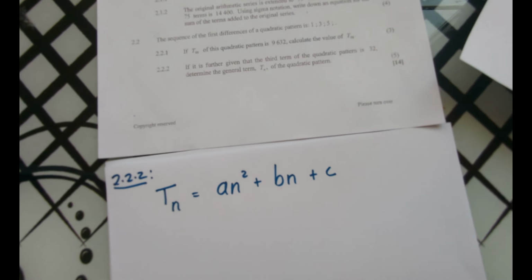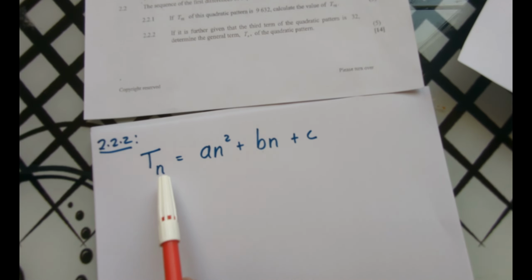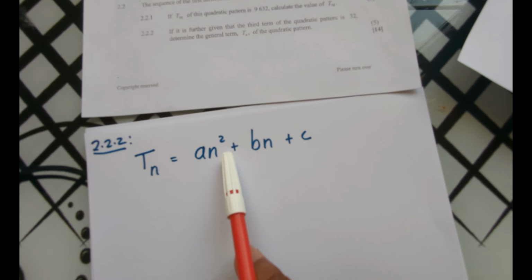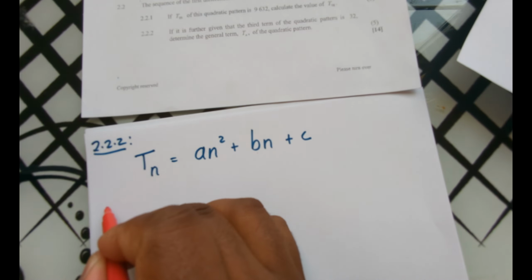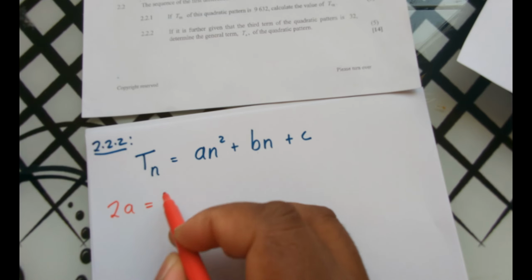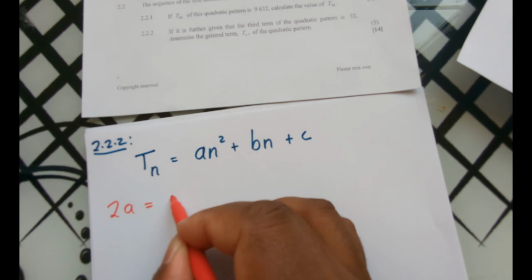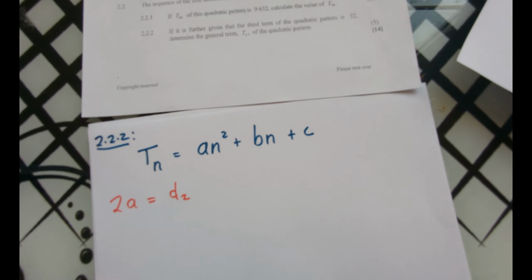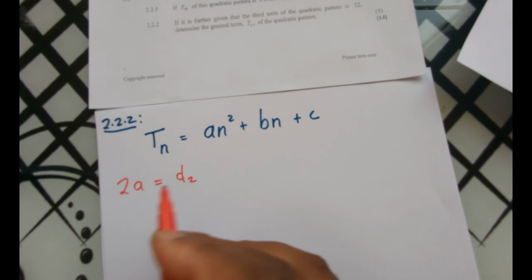So we know that our general term of the quadratic pattern is an squared plus bn plus c. And we know that 2a is equal to the second difference. So 2a is equal to d2, the second difference.